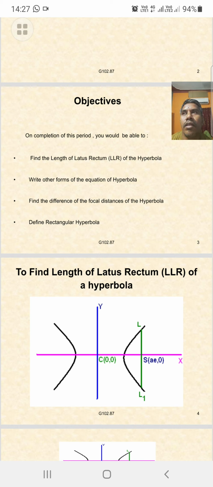In a rectangle, opposite sides are equal. And if here a and b are equal, it may look like a rectangle.